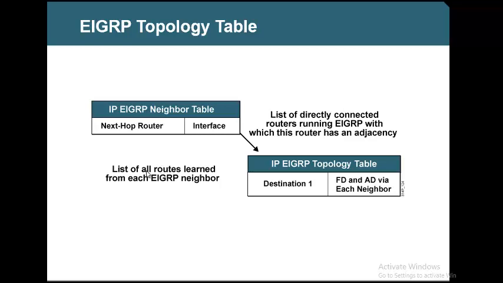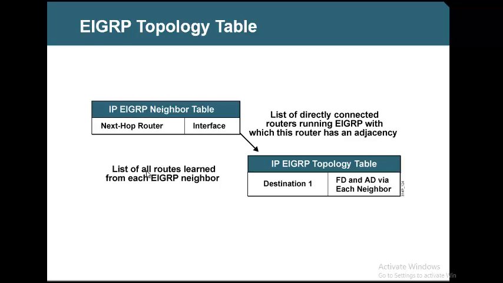Second, CPU utilization. Third, loops are very likely. Loops are very easy if you have all routes. Then there are chances of looping. When you have all routes available in the topology table, there is confusion.